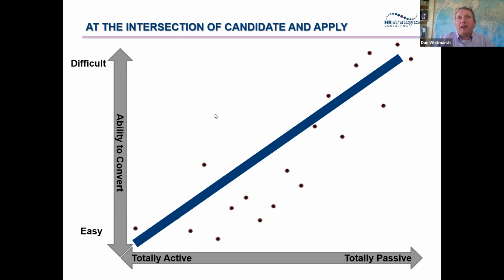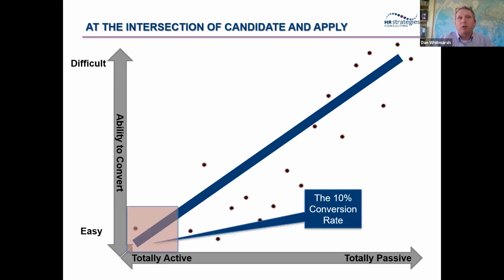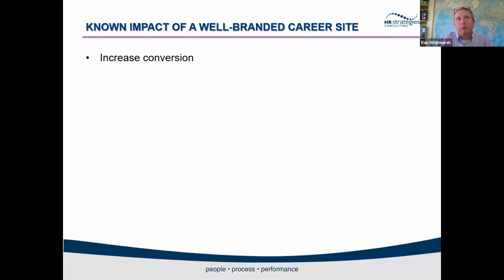And if we talk about 10% conversion ratios in the industry, this is the segment of the candidate universe we're playing with. So imagine this being a full sheet of 100% of the candidate universe. We're only playing in that 10% market on average right now. We need to change that. We need to increase conversion. So what increases conversion?